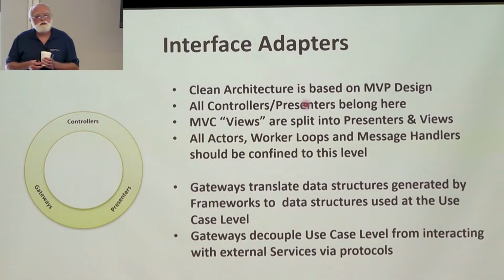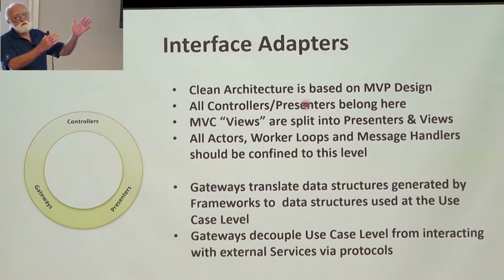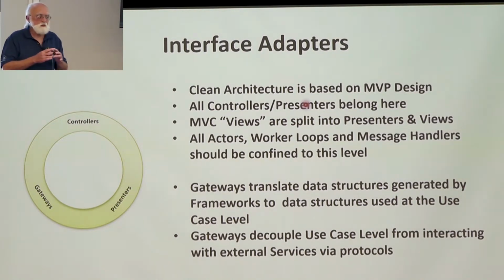The role of gateways is to translate data structures that are supplied by the frameworks and by the lower layer into data structures that are consumed by business rules, the yellow and the red layers. That's their main function. And they help you decouple use cases from being statically dependent on the frameworks that you are using.